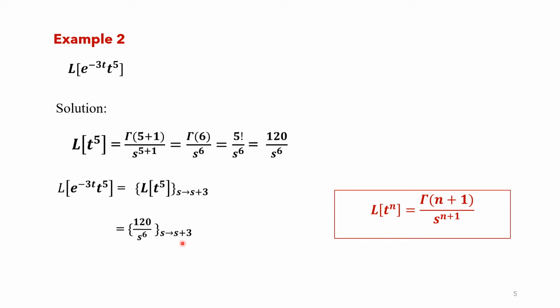And we have got L of t raised to 5 as 120 upon s raised to 6. So replacing s by s plus 3, we get 120 upon (s plus 3) the whole raised to 6. If you want, we can expand or leave it like that. That is fine. Okay, so our aim is to find the Laplace transform of the function other than e raised to the power, and then replace s by s plus or s minus depending upon the e raised to function.